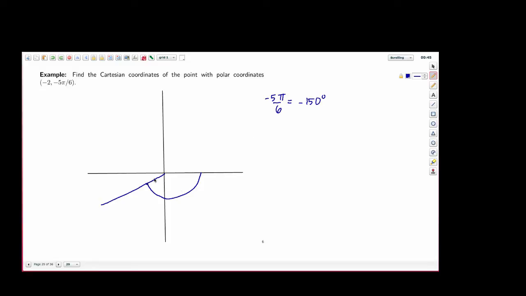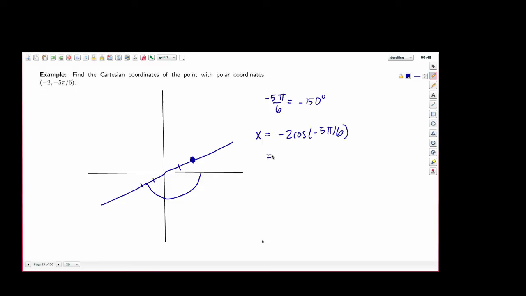So r equals 2 would put me 2 units out on this line, but I want r to be -2, so I want to flip around to the other side, so my r is going to be 2 units on the other side. When I do this, I see that both my x and y should be positive. So let's plug into our formulas. x is r cosine theta, so -2 cosine of -5 pi over 6.